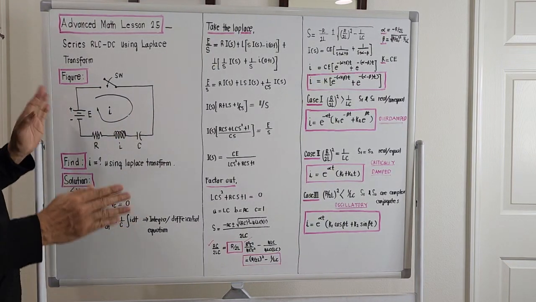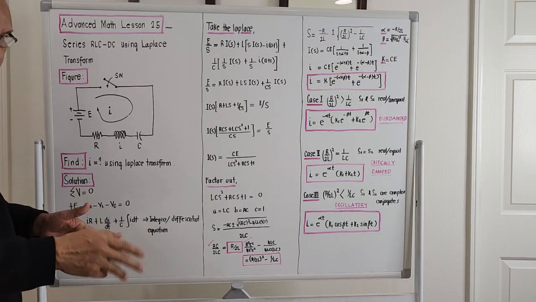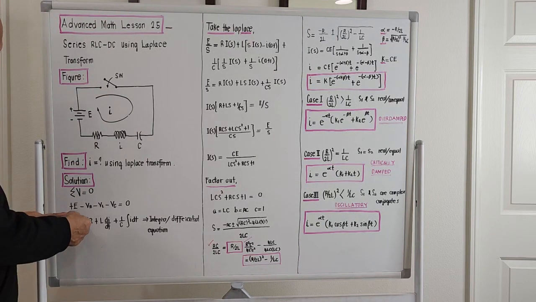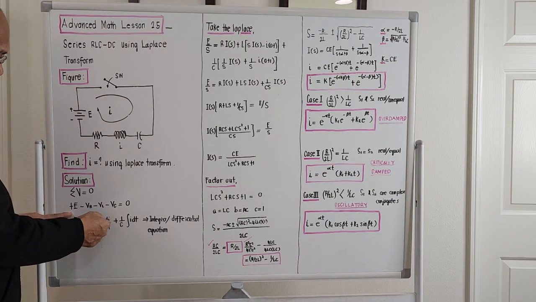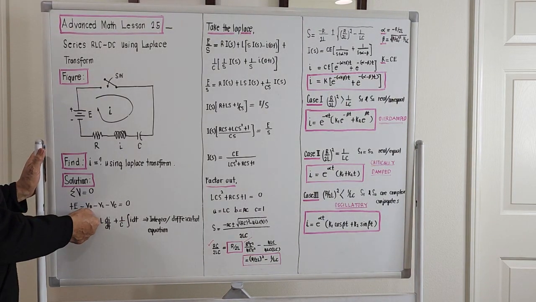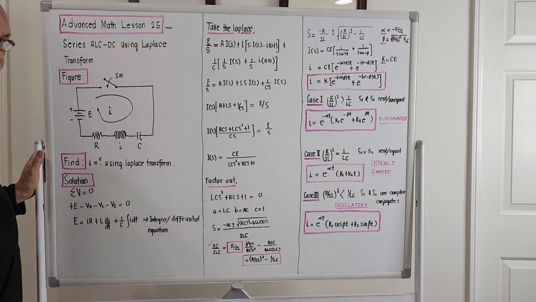A plus voltage will be a voltage source, and a negative voltage will be a voltage drop. So this is plus E minus V sub R minus V sub L minus V sub C, and this should be equal to 0. Voltage source, voltage drop, voltage drop, voltage drop. If we take the summation, the sum should be equal to 0.